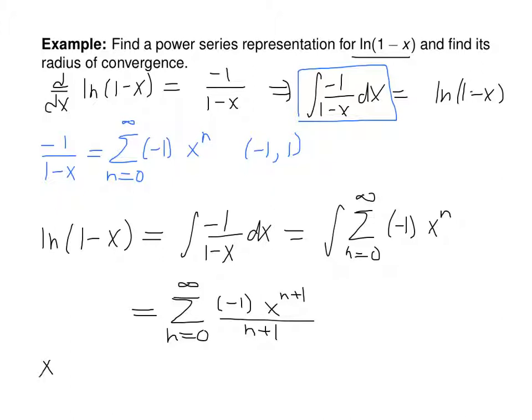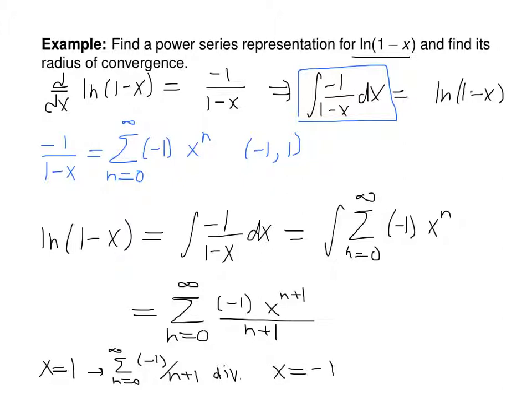So at x equals 1, we're going to get the sum from n equals 0 to infinity negative 1 over n plus 1. That diverges. You can use a limit comparison test, or comparison test with the harmonic series.